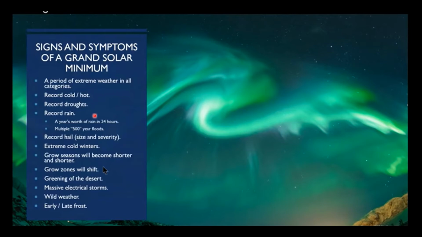Record rain, where you have these atmospheric compression events where you get a year's worth of rain in 24 hours, massive floods, record hail in size and severity, extremely cold winters, particularly in the northern latitudes, grow seasons becoming shorter, particularly in the northern latitudes, grow zones shifting further south, greening of the deserts can be seen, massive electrical storms, very wild weather, and early frost in the fall and late frost in the spring.